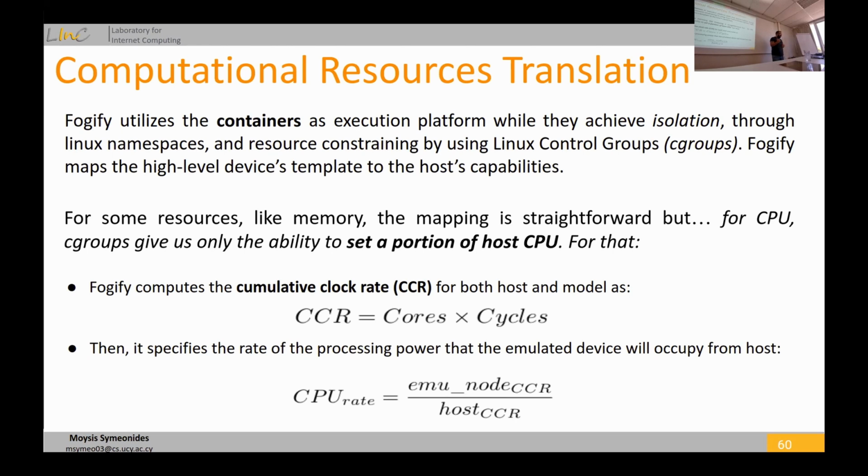For that reason, we create the CCR, the cumulative clock rate, which is the multiplication of the number of cores of a processor with the frequency of the processor. So we compute the CCR for the emulated node and the CCR for the host, and we find the rate between them. We set this rate as the limit of the container, since cgroups gives us only the ability to set a portion of the CPU as the processing limit of a container.